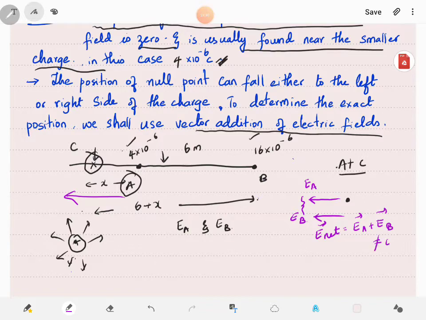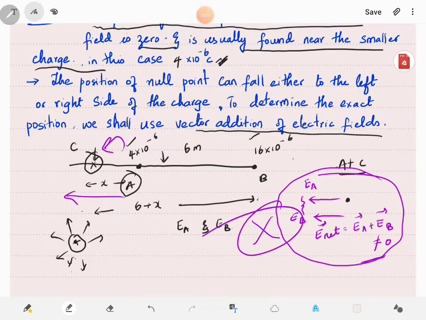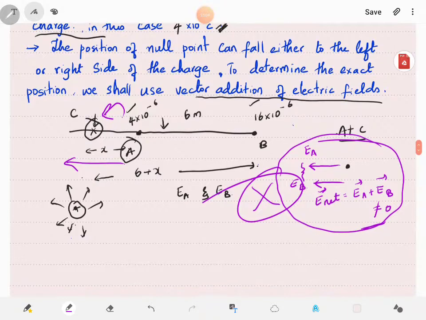This can never be equal to 0. So this is the concept of vector addition of electric fields, which we shall use to determine the null point location. So qualitatively, we have found that at point C, to the left hand side of 4 into 10 power minus 6 Coulomb, a null point can never exist.